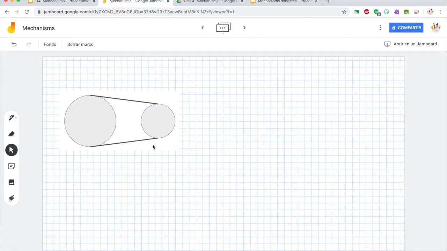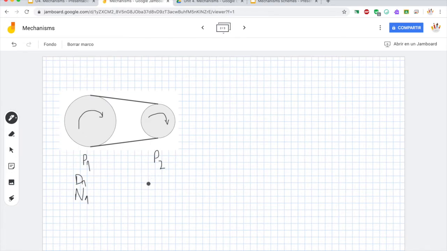Okay, so let's solve one of these problems. For example, this one. I'm going to name this one P1, which is pulley 1, and this one is going to be pulley 2. Let's say that this moves in this direction, so this moves in this direction too. This pulley has a diameter, D1, and a speed, which is going to be N1.